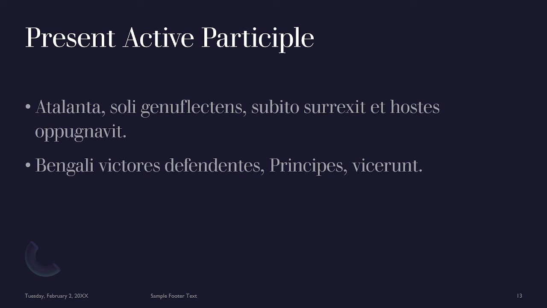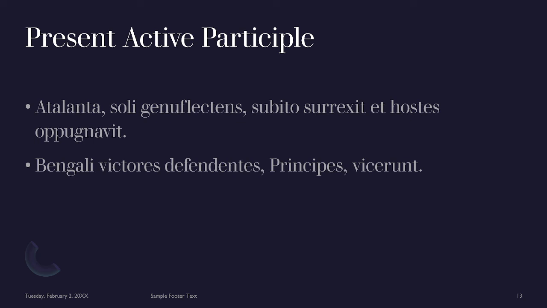Victores is in between defendentes and Bengali. Well, Bengali and defendentes can go together because defendentes could be a noun, plural. And you're right, it could. But that would mean the sentence says the Bengals, comma, defending the victors conquered someone. Well, I hope you realize that doesn't make much sense.